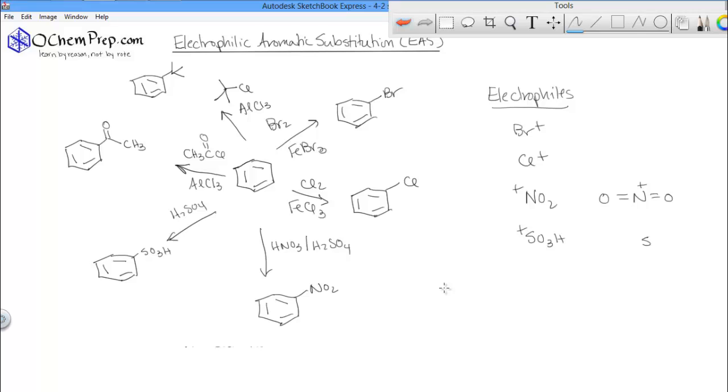And again, the plus is on the sulfur. And so this is what the benzene sulfonic acid electrophile looks like. And for acylation, it will be this structure right here, which is stabilized by resonance. It shouldn't be bent, but we're going to just leave it bent. And then, of course, the electrophile with the t-butyl group is the t-butyl carbocation.